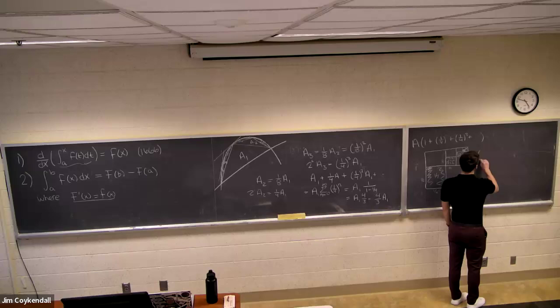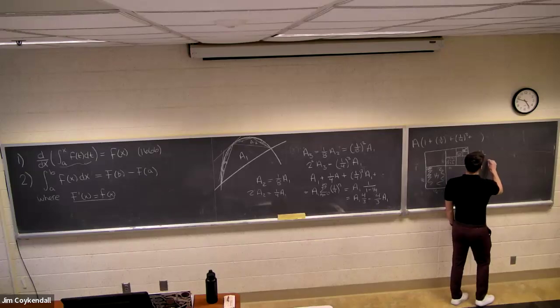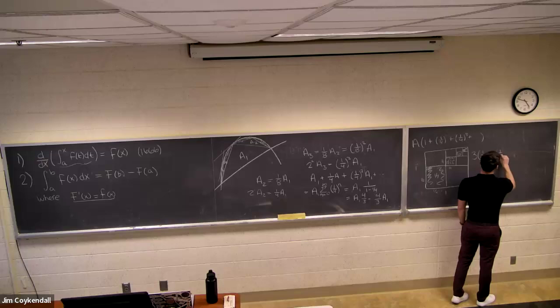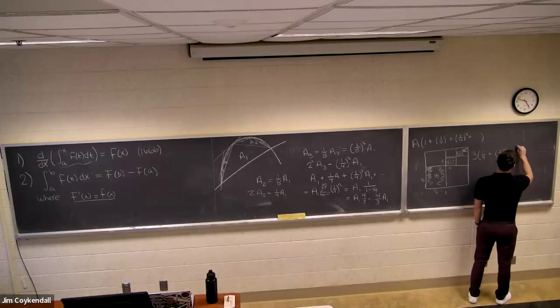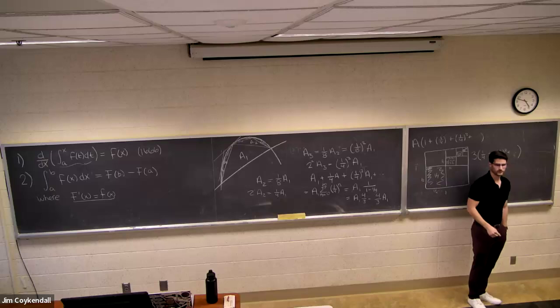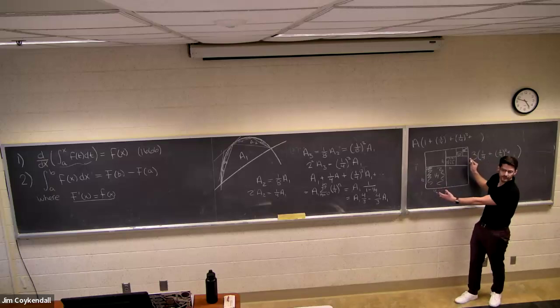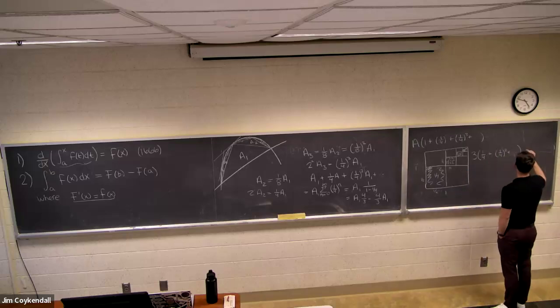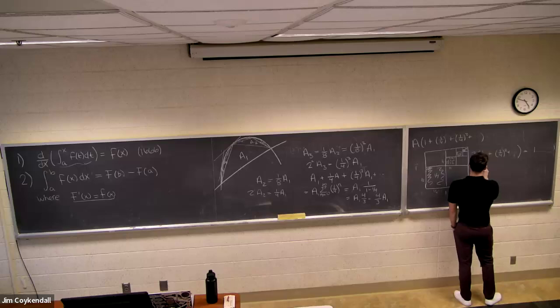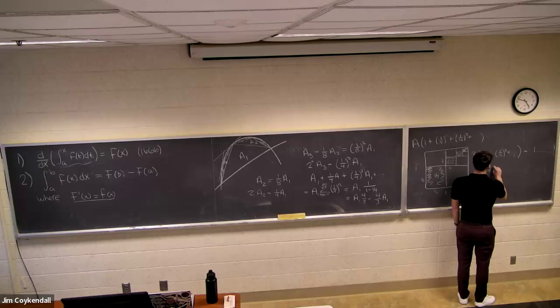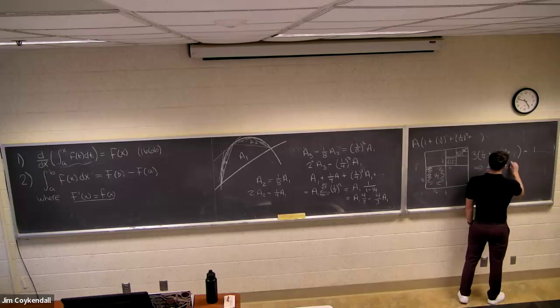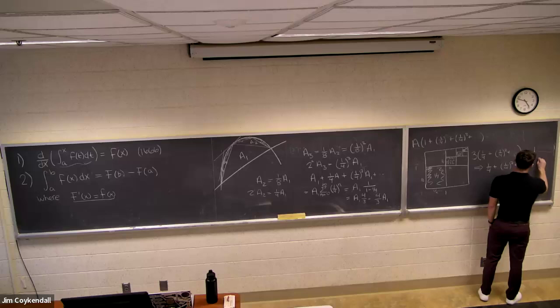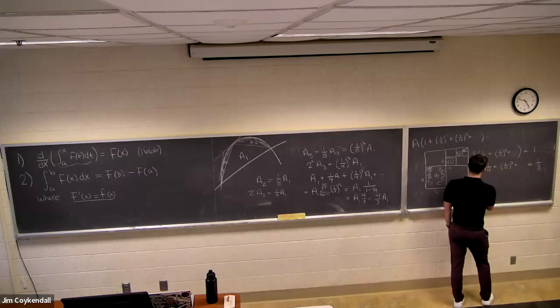So 3 times (1/4 plus 1/4 squared plus ...) equals 1. Right? So I summed up all the boxes, I should get the same area as the whole thing. They could divide, you know, they do some stuff. And now we add our 1 back in.